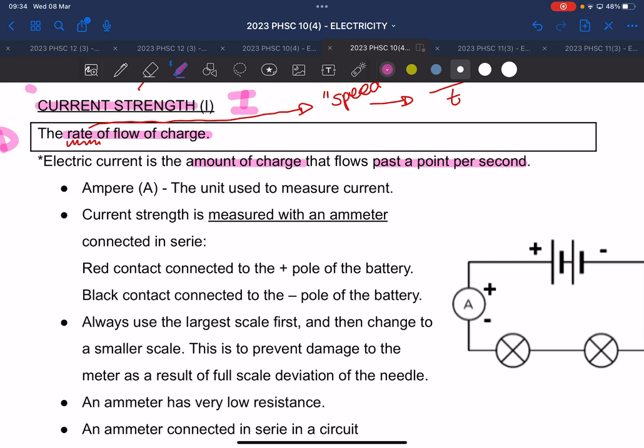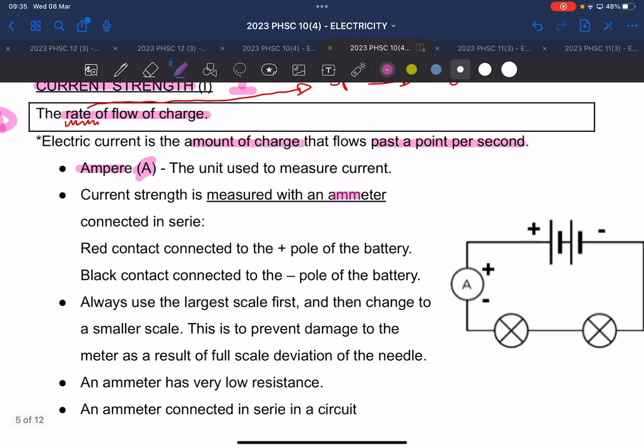They need information to know: is this a very high traffic road? Do they need to make the roads bigger? Do they need to make another path through here? So they count how many cars pass this stop per hour, per day. Same idea. Here is how many charges pass the point per second. Then we measure current strength in amperes.